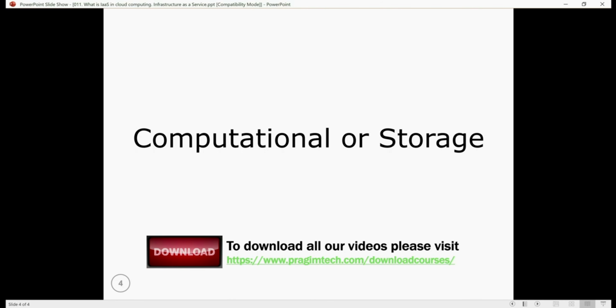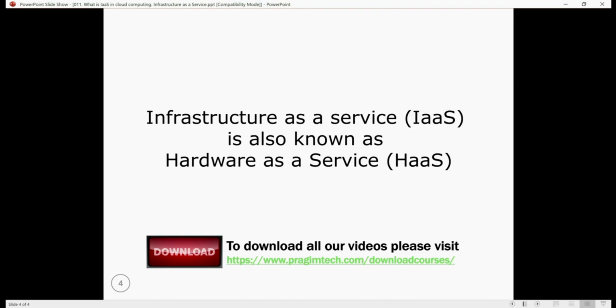Maybe you have a web application which you can host and run, for example. You can also use it for storage needs. For example, install SQL Server, Oracle, or some other relational database and store your relational data. I mean, a diverse set of use cases are supported. Infrastructure as a service is also known as hardware as a service.